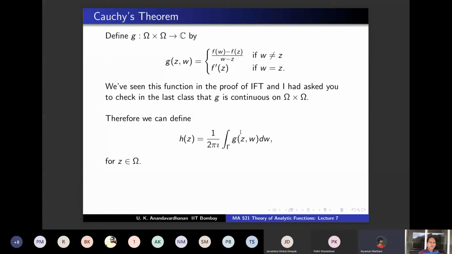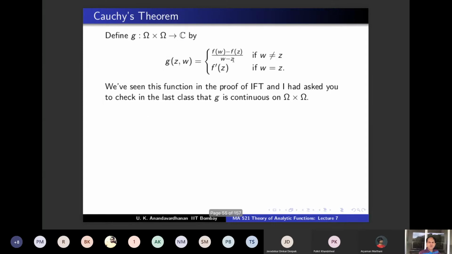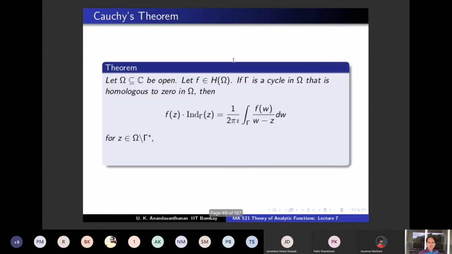So, okay, if you're thinking, let's see once again, g(z,w) is this thing, (f(w) minus f(z)) by (w minus z). We want to show, okay, so maybe you have forgotten the theorem. The theorem is this, right? f(z) times the index is the integral of f(w) by w minus z. But what is the index?